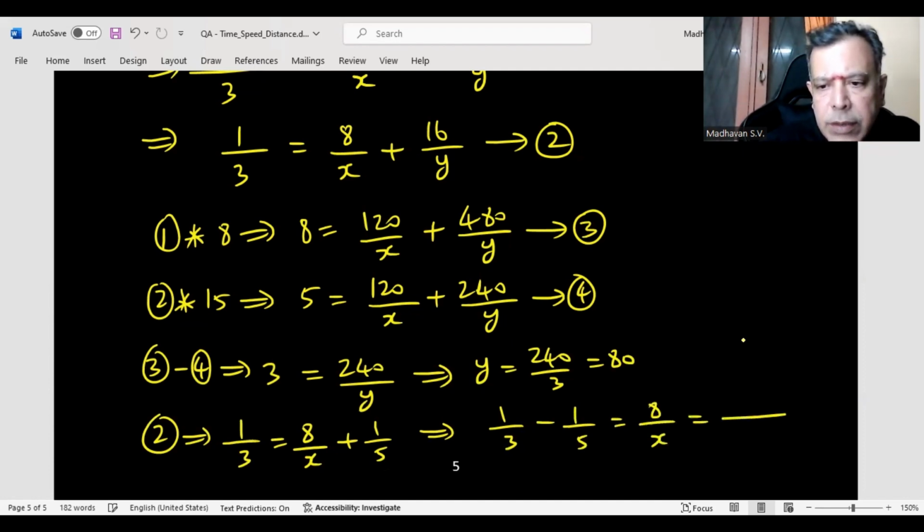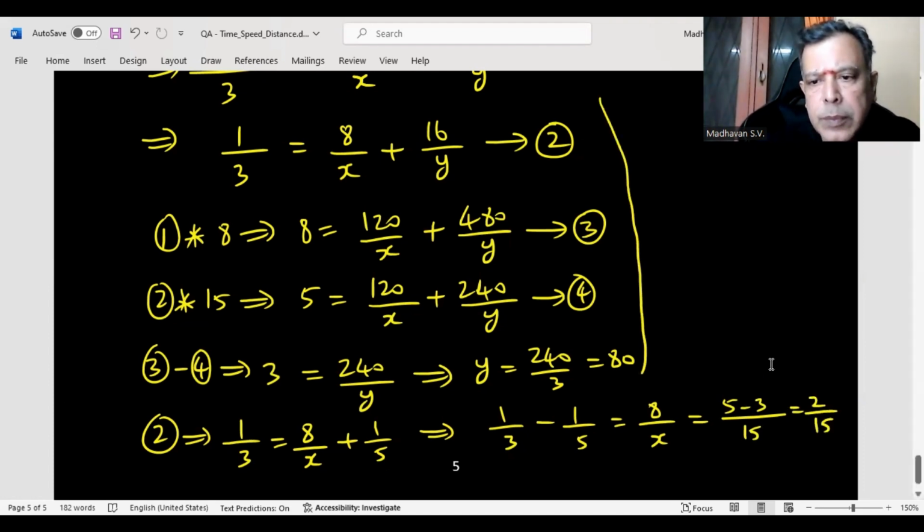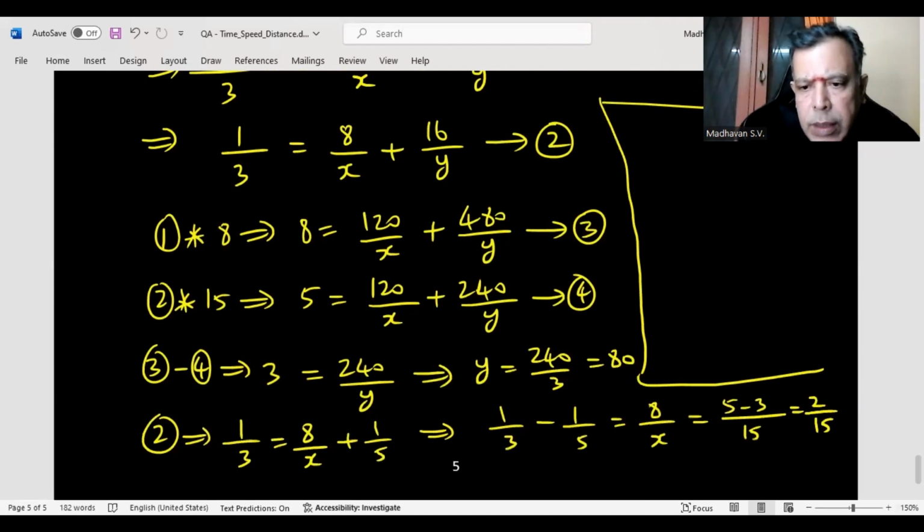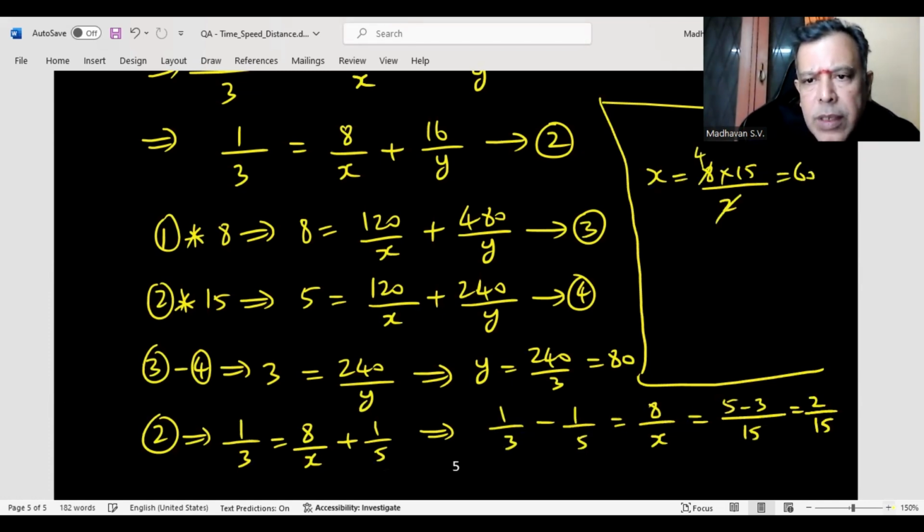On the left-hand side, 15 is the LCM, 5 minus 3, we get 2 by 15. So by cross multiplication, x will be 8 into 15 by 2. This goes with this 4 times, you get 60.